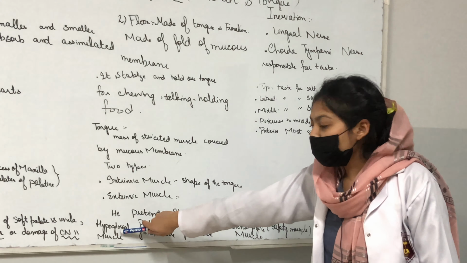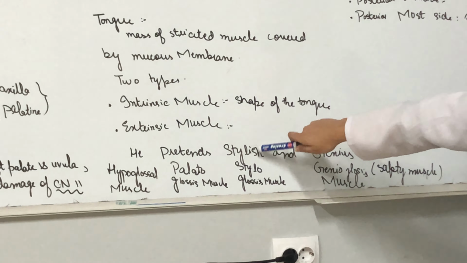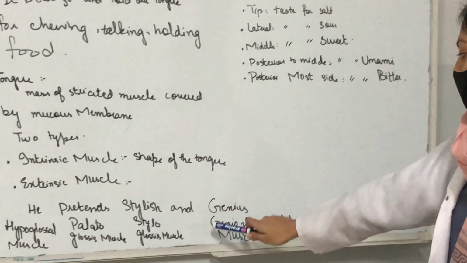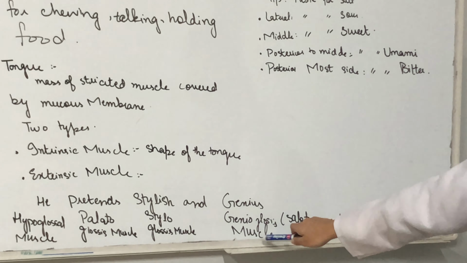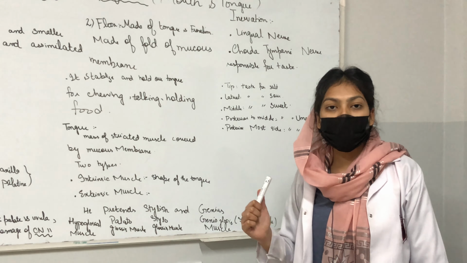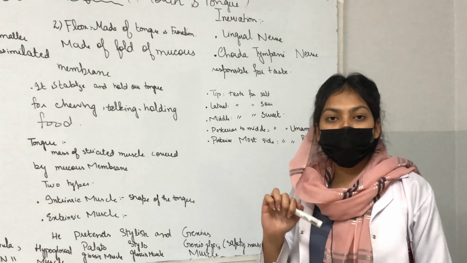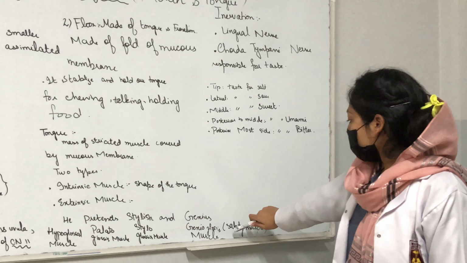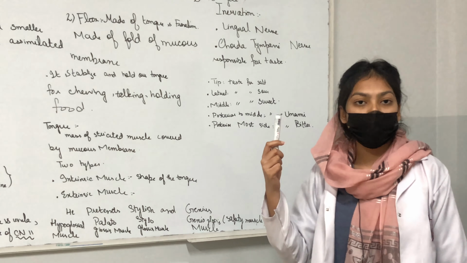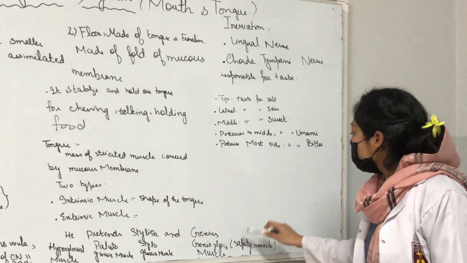He for hyoglossus muscle, P for palatoglossus muscle, stylish for styloglossus muscle, and genius for genioglossus muscle. Genioglossus muscle is also called the safety muscle of our tongue. When we are in supine position, our tongue goes backward, and this muscle pulls our tongue out towards the mouth. That's why our tongue is safe.